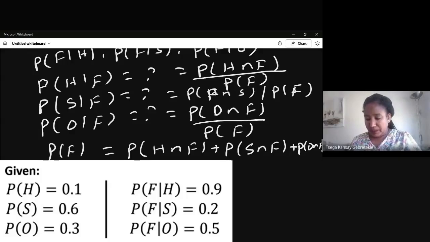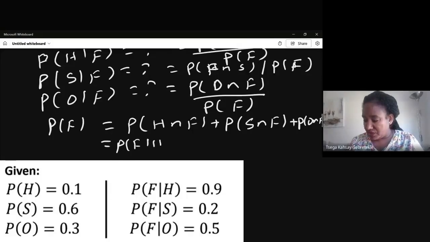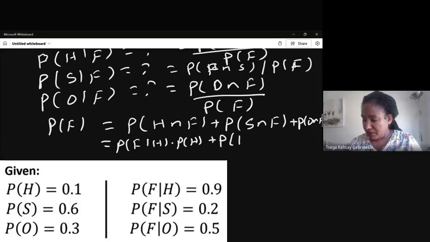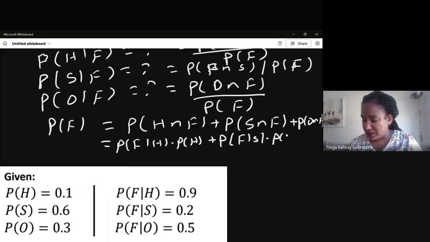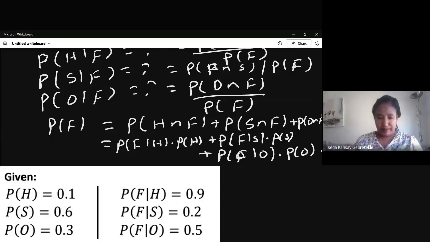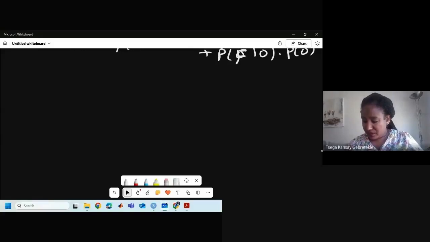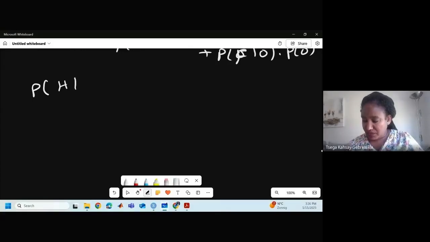So we can also calculate this using the multiplication rule for probabilities. This is probability of F given H times probability of H plus probability of F given S times probability of S plus probability of F given O times probability of O. Okay, so using that expression, probability of H given F is 0.25.